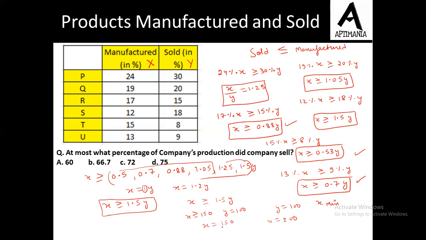Now this is the minimum value. If we are assuming Y to be 100, then this is the minimum value of X that we can assume, right? X can be 160 also, it can be 200 also, it can be anything greater than 150. But then we need to select the minimum value, so that is 150 only. So from here we can say that the total number of manufactured units were 150 and the total number of units sold were 100. Fine.